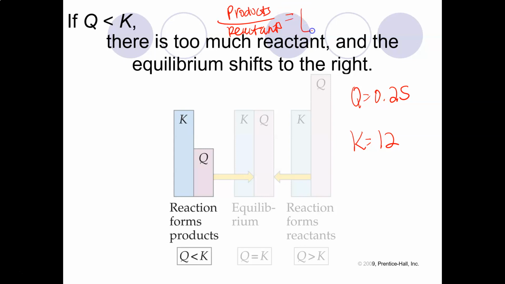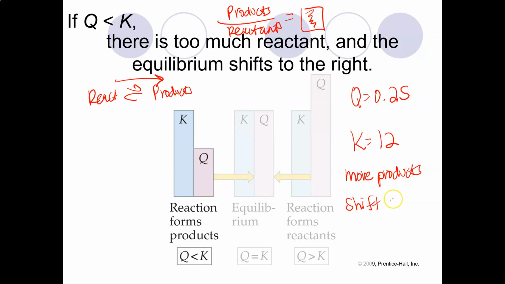So looking at this ratio, if I want to make this number bigger, I should increase the products. I should make more products. And when we have a balanced chemical equation, the reactants are there and the products are here. Aren't the products on the right-hand side? So another term for this is the reaction needs to shift right.